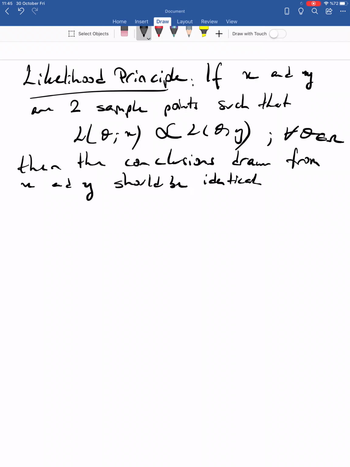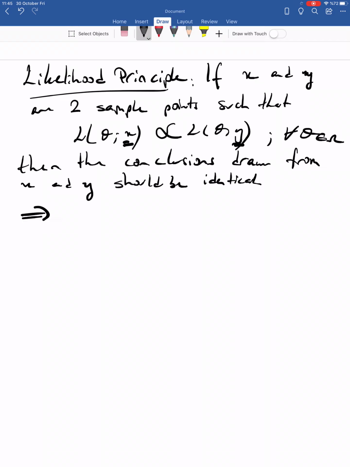So if you want to estimate theta, and the likelihood values for different sample points are proportional to each other, then we get the same conclusion about theta for different sample points. So when we get different samples, we will get the same result about the estimation of theta. This likelihood principle basically tells us this.